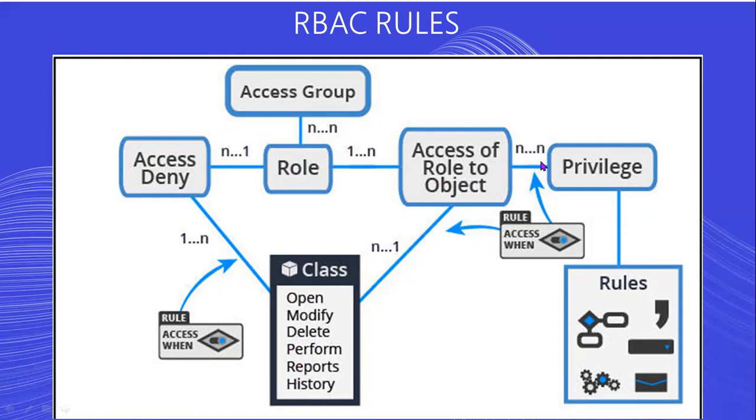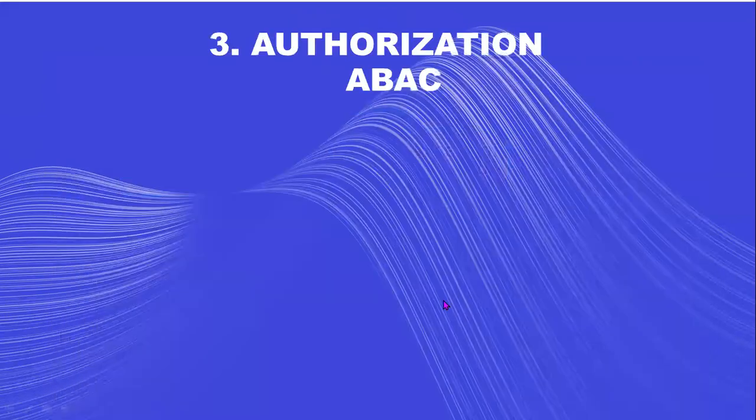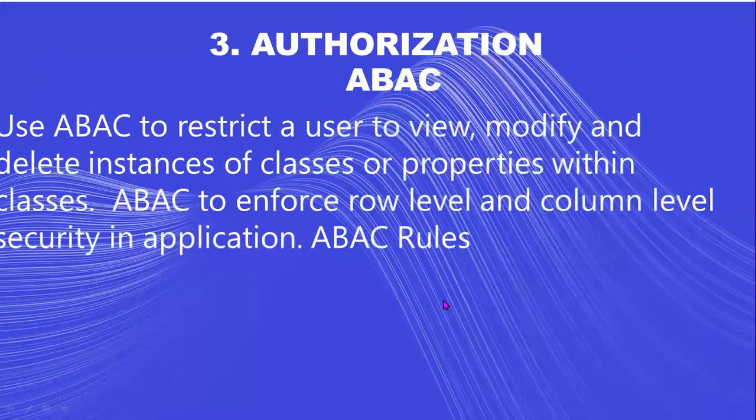All these things again can be done through the privileges, and they are all the rules, access when rules. This class can be accessed based on the when condition. It can either be denied, otherwise you can give the privilege to go ahead. So like this, these are the rules which can be used to implement role-based access control.